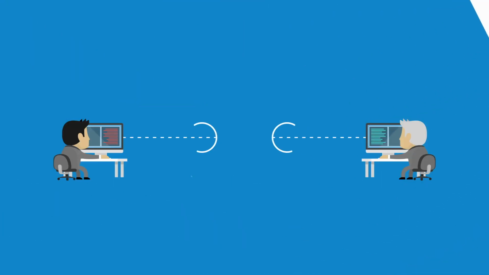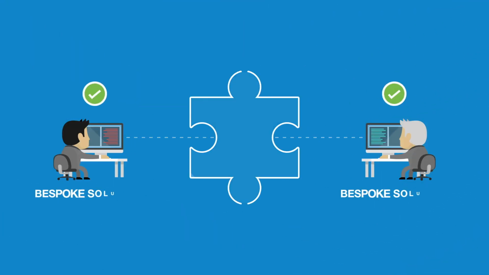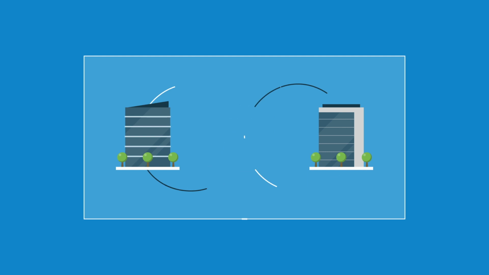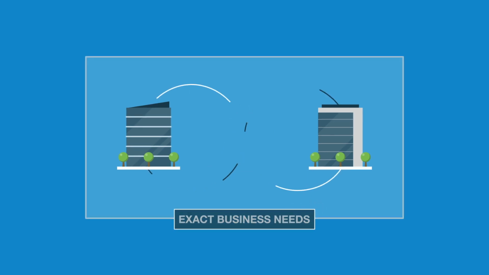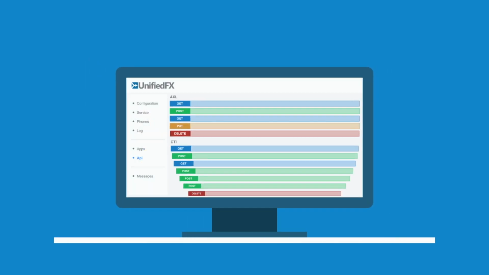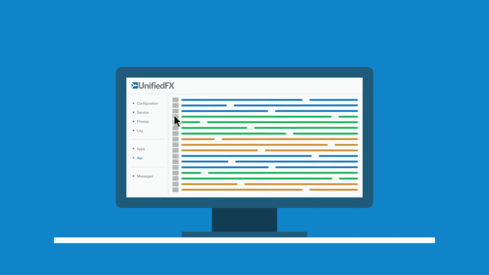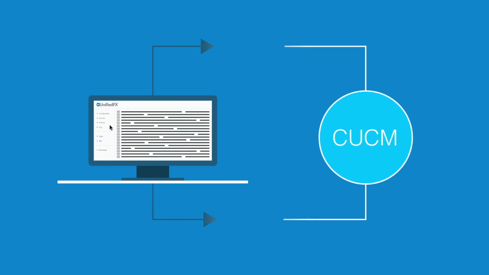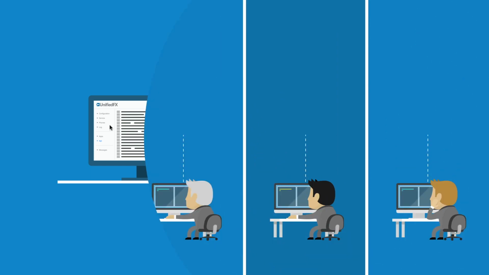The platform removes the barrier to the development of bespoke solutions that can be tailored to exact business needs. It provides a single standard programming interface. This interface automatically translates application instructions into the complex protocols required to interface directly with the Cisco systems.